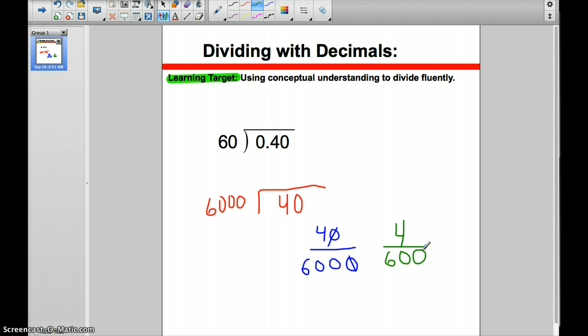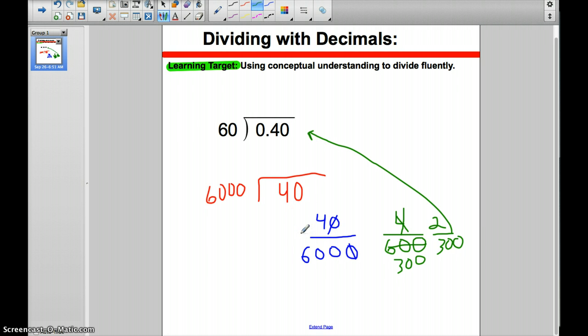Both are even numbers, so I can divide each by 2. 4 divided by 2 is 2. 600 divided by 2 is 300. Now I have 2 over 300, or 2 divided by 300, which is the same as 40 hundredths divided by 60.